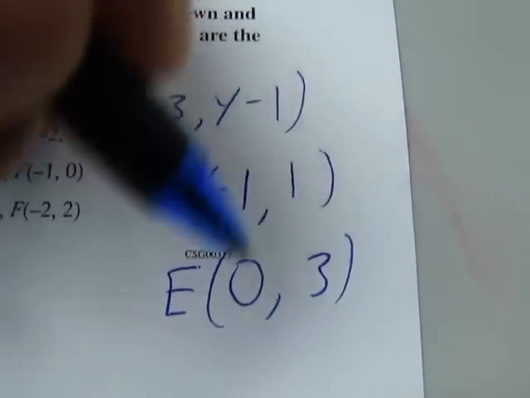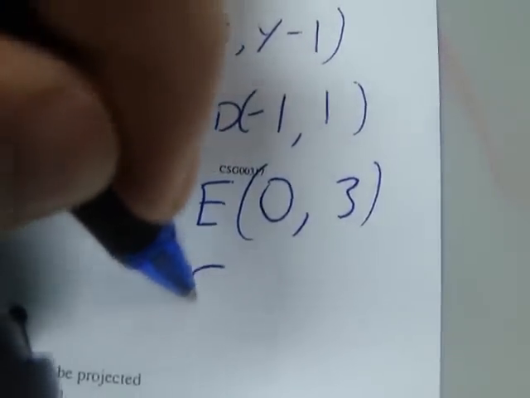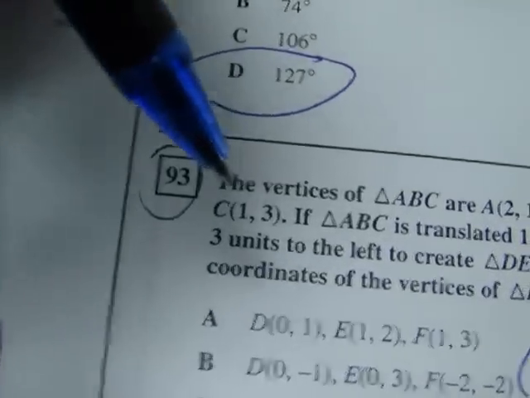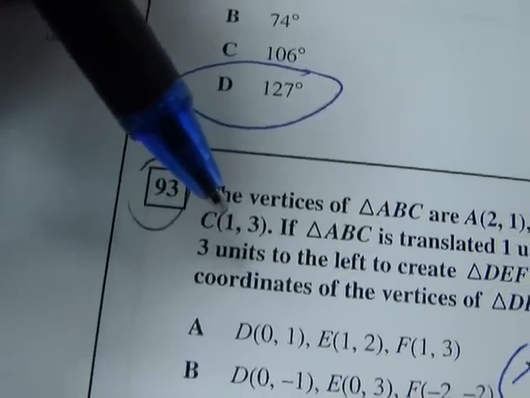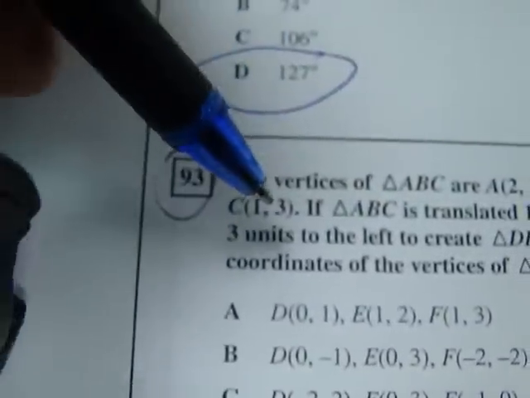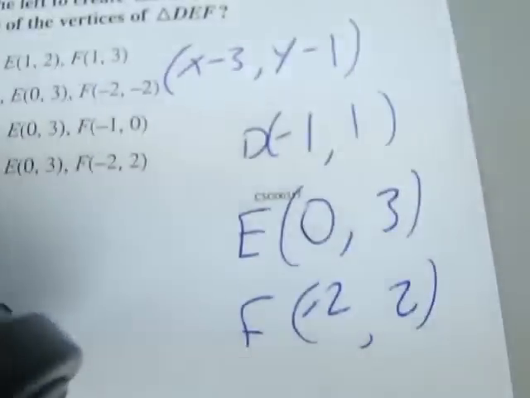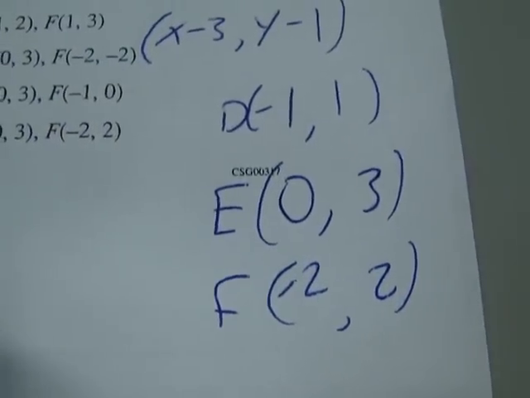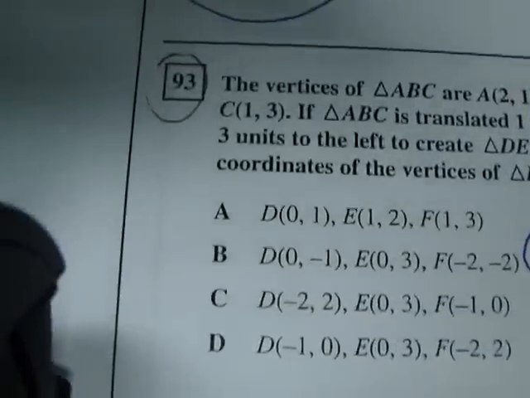Lastly F is C translated: 1 minus 3 is negative 2, and 3 minus 1 is 2.